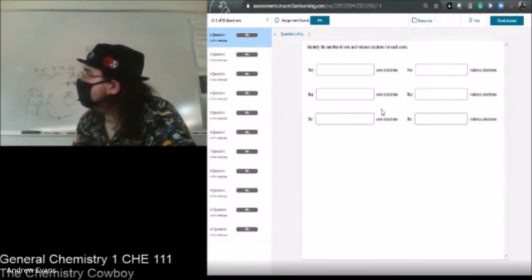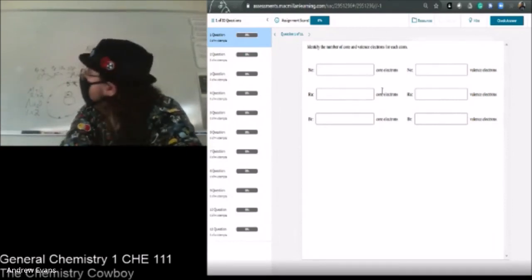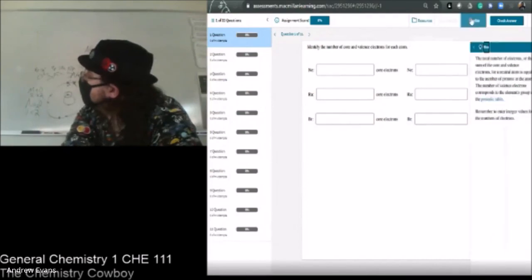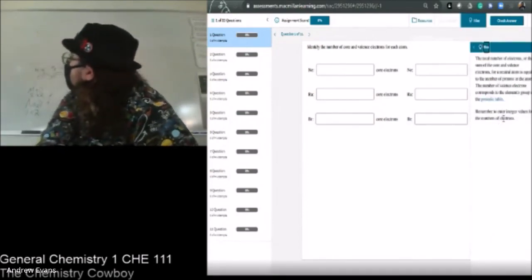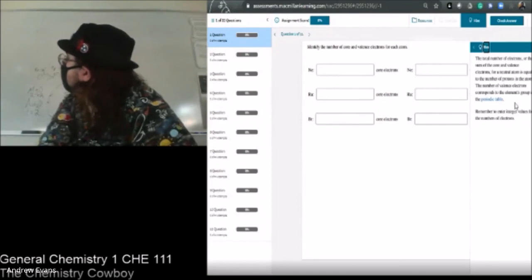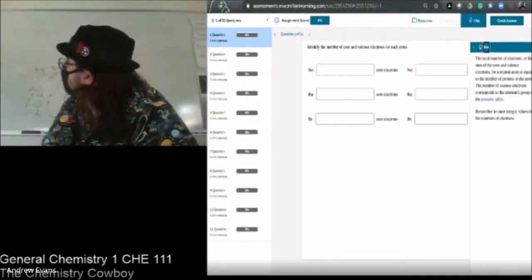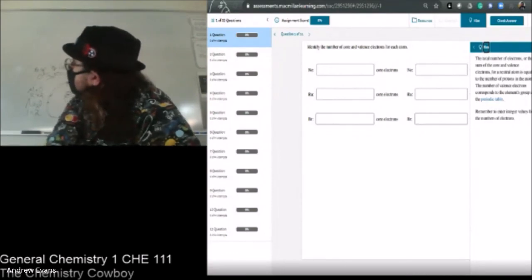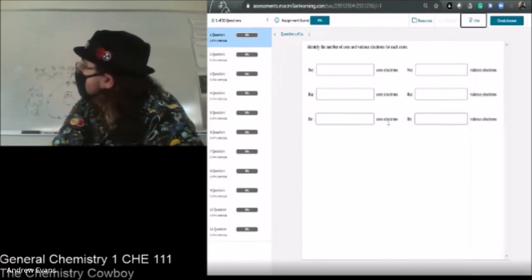Bromine might be a little tricky. It might mark it wrong, because technically the D electrons would fall under it, but it might consider those as part of the core, because we're really only going to lose from the S and the P, not from the D group in the periodic table. So bromine might throw a little issue.